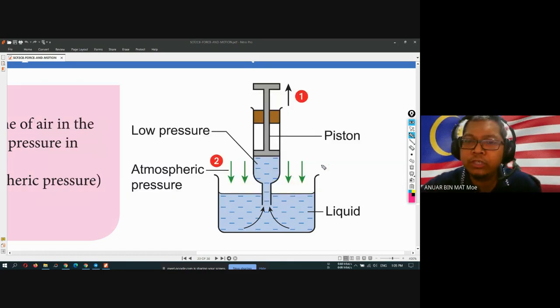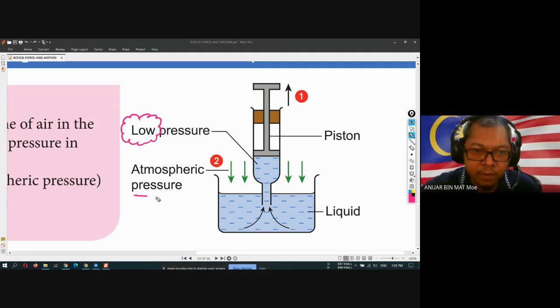If you push the piston upward, what happened? Inside the syringe will become low pressure, and the atmospheric pressure outside will become higher.